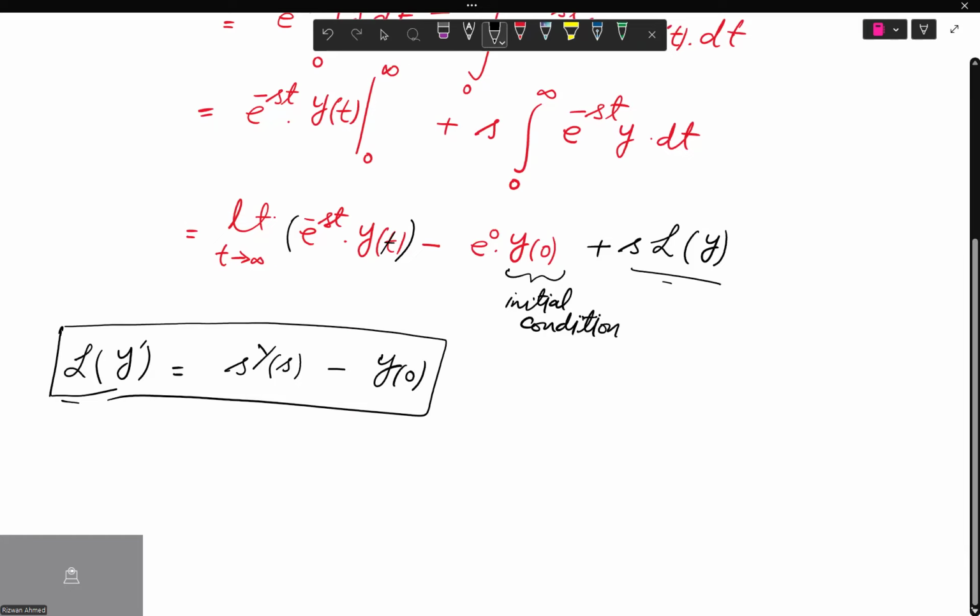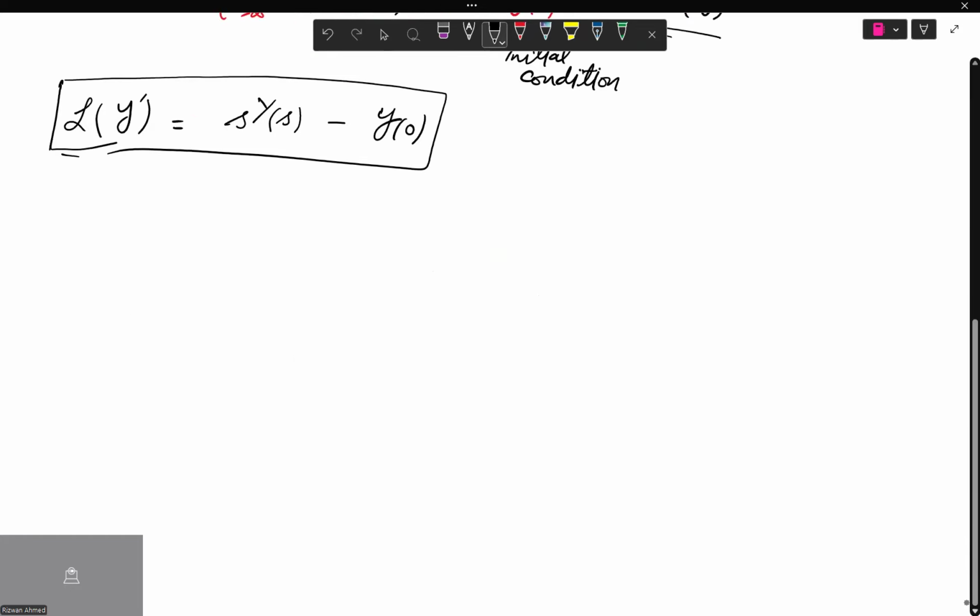On similar lines, if I would like to attempt the Laplace transform of y double prime, it will be s times the Laplace transform of y prime minus y prime of 0.